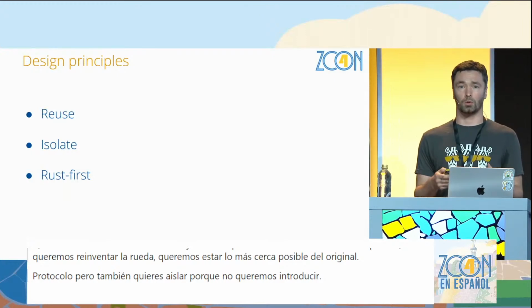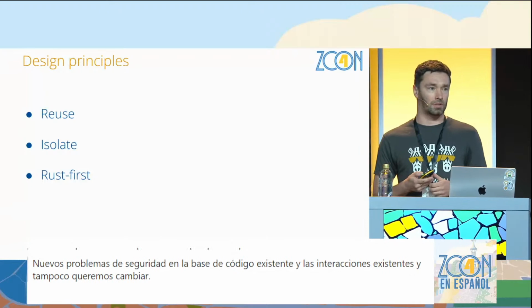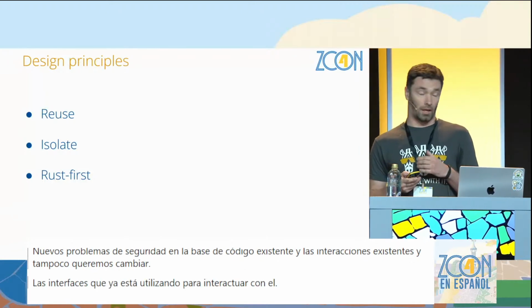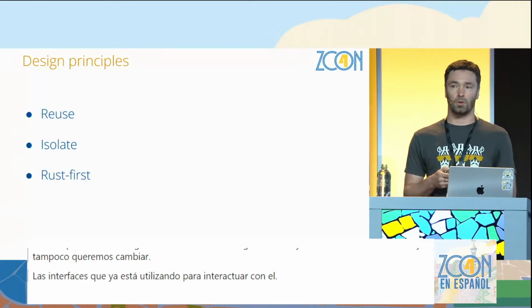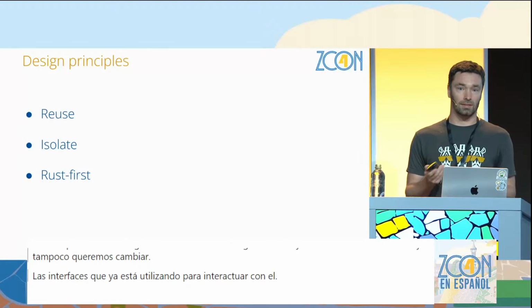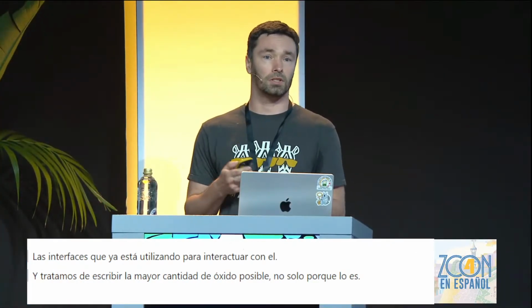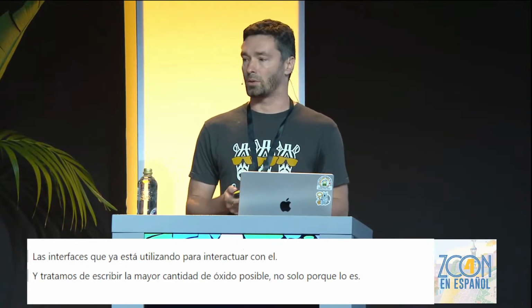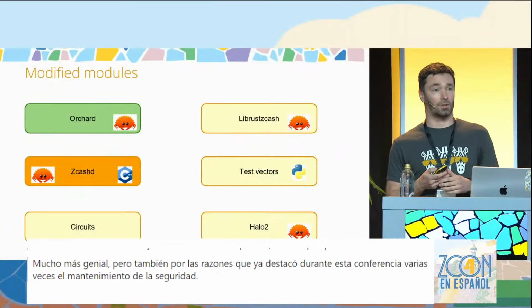And also we don't want to change the interfaces that you are already using to interact with zcashd. And we try to write as much Rust code as possible, not only because it's way cooler, but also because of the reasons that we already highlighted during this conference several times: security, maintainability. So it should be relatively obvious already. And again, we already touched on that in one of the panels.